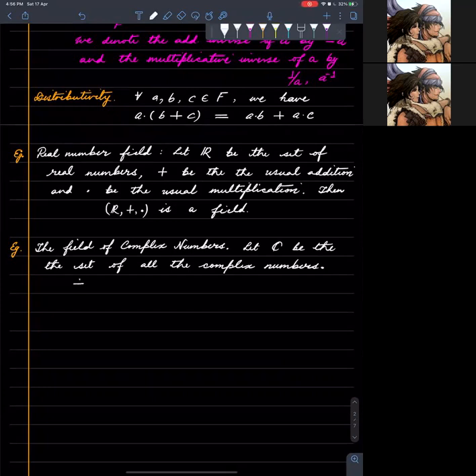We have plus as the usual addition and dot as the usual multiplication. And then one can check that this is a field.